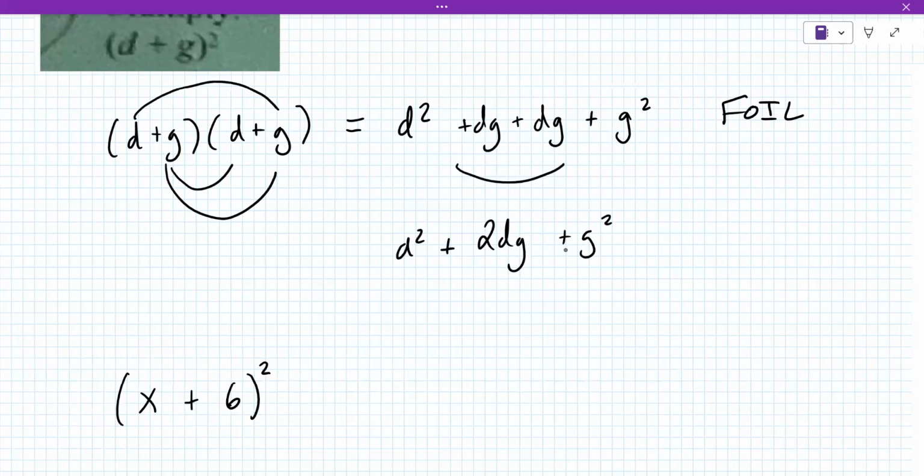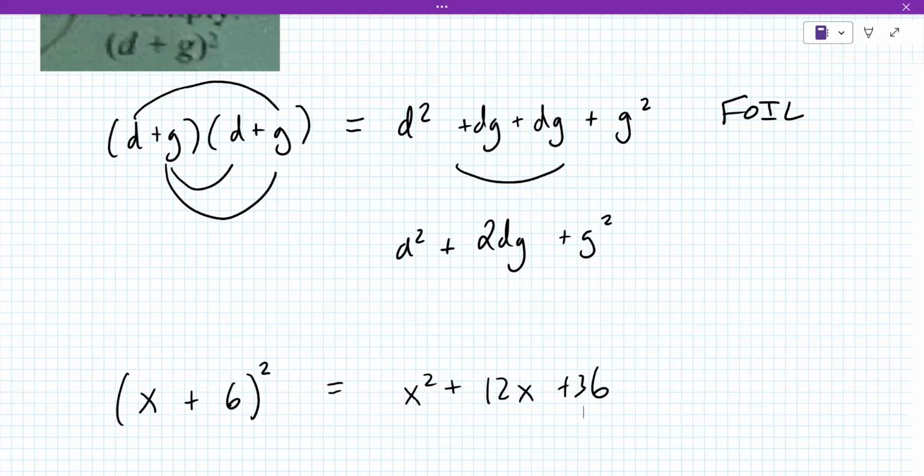Okay. x squared plus 12x plus 36. Very good.